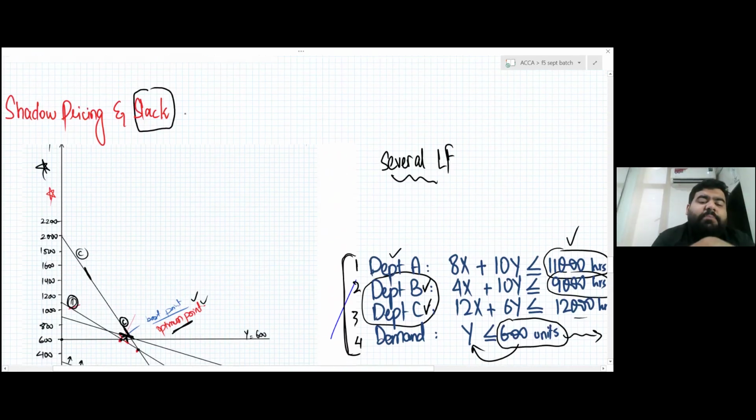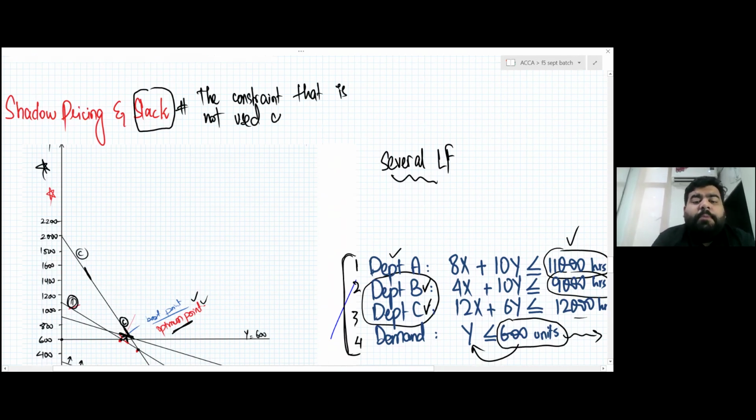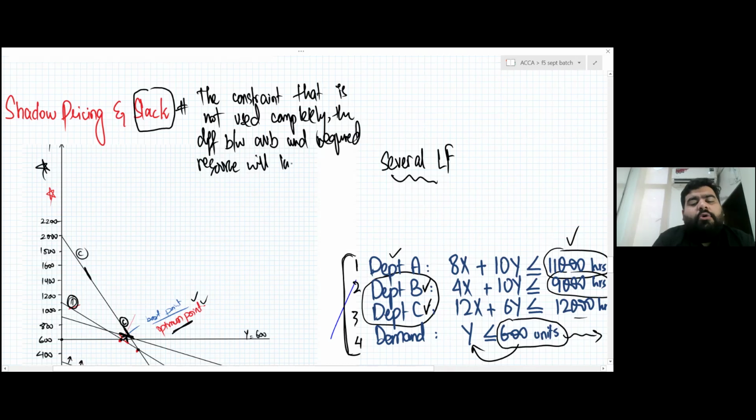So let me write the example here. For a constraint that is not used completely, the difference between the available and required resource will be known as slack.